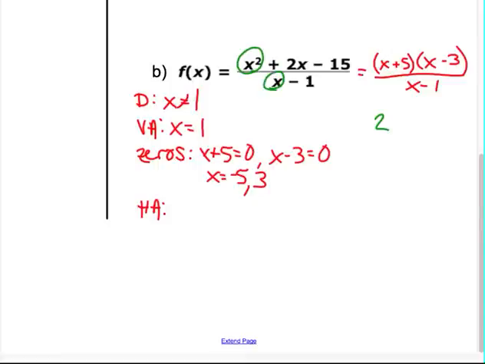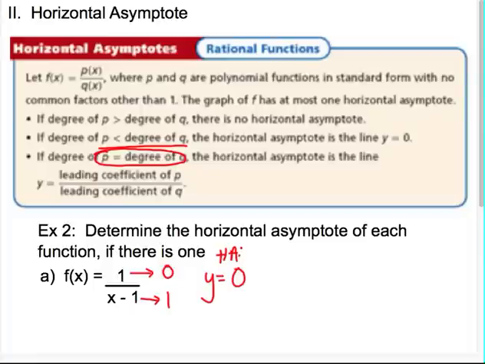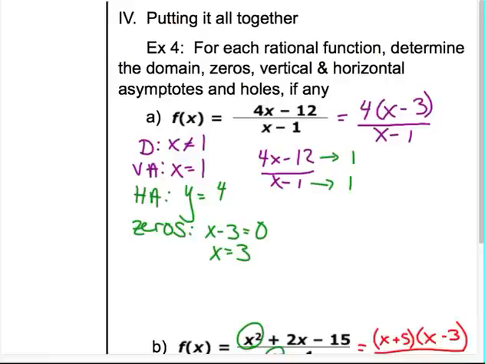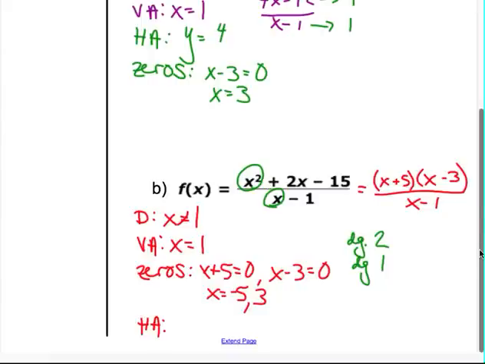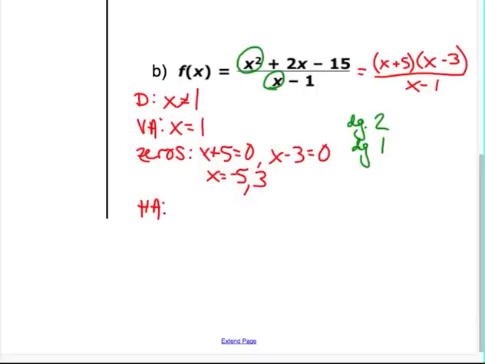The highest power in my denominator is 1. And when the degree of the numerator is greater than the degree of the denominator, let me double check myself and make sure I'm doing this right. The degree of the numerator is greater than the degree of the denominator, there is no horizontal asymptote. So, none.